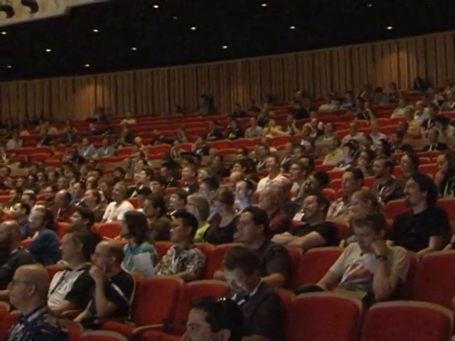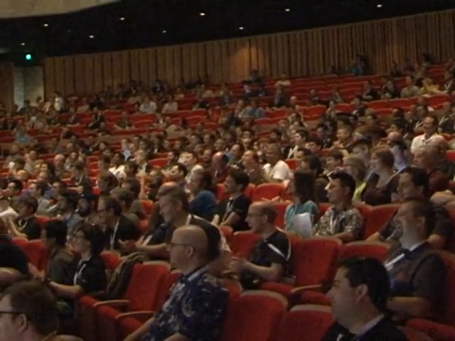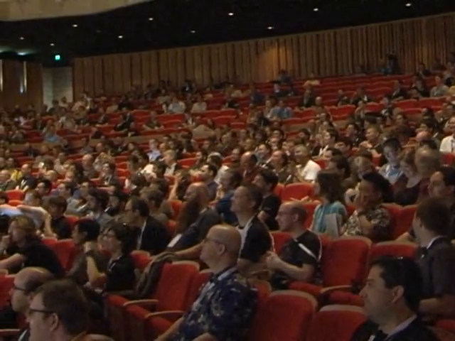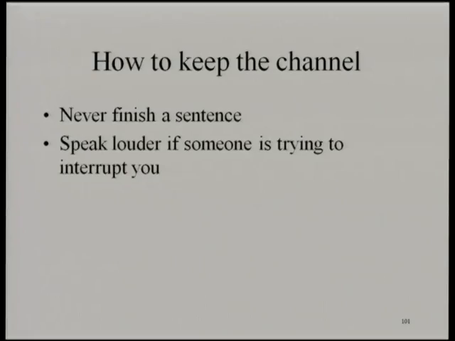And I notice a lot of other people, though, seem to think that maybe if I ramble enough, I'll happen to say something coherent. Or if I'm sufficiently incoherent, people can imagine I said something profound. So how to keep the channel. Never finish a sentence. And if someone is trying to interrupt you, speak louder.